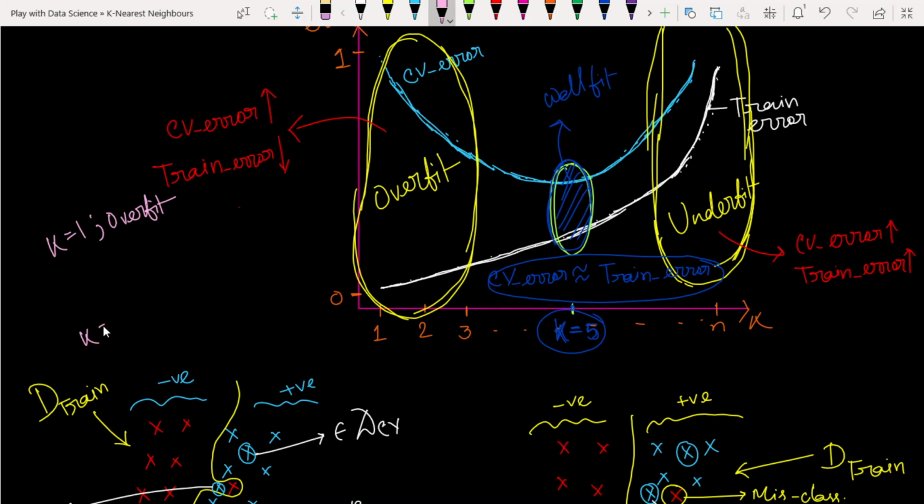And when k is equal to n, our model is an underfit model. And when k is approximately equal to 5, then our model is well fit in this region. And we have seen the relationship between cross validation error and training error for each region.